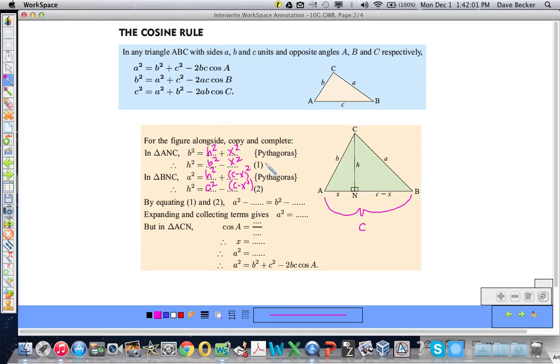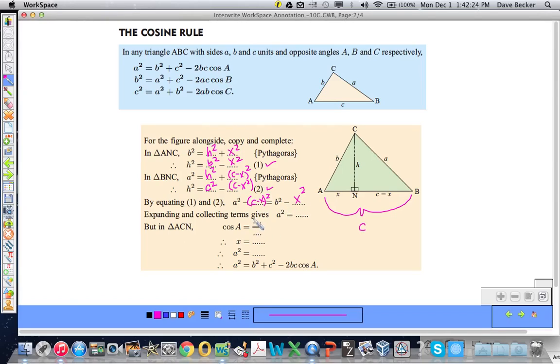Okay, so I have equation 1 and I have equation 2. Since h squared equals h squared, that means that a squared minus (c minus x) squared, that's coming from equation 2, is equal to b squared minus x squared from equation 1. Okay?